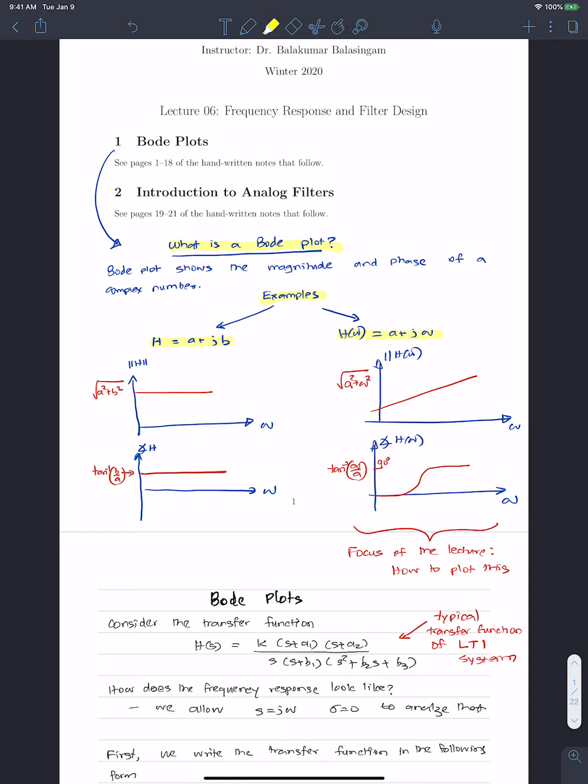Now, if you look at the left side, as I said, the Bode plot is a magnitude and phase of a complex number. So the magnitude of the complex number H on the left side is just the square root of a squared plus b squared. It doesn't change with omega because there's no omega, which will be clear when you look at the right side.